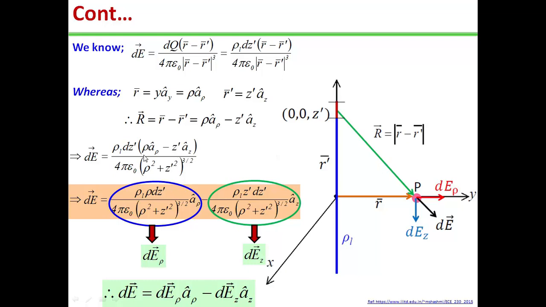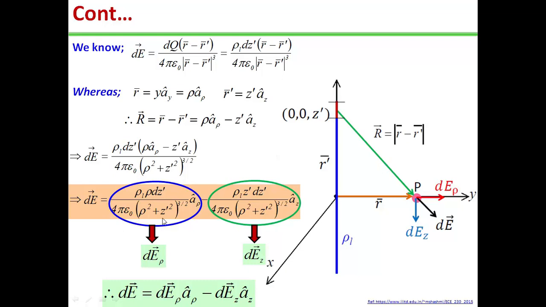And after separating the a rho component and az component, the incremental electric field will be equal to rho L rho dz' divided by 4 pi epsilon naught (rho square plus z' square) to the power 3 by 2 in the a rho component, minus rho L z' dz' divided by 4 pi epsilon naught (rho square plus z' square) to the power 3 by 2 in the az component.